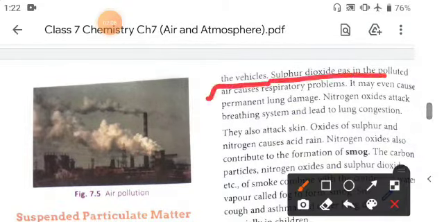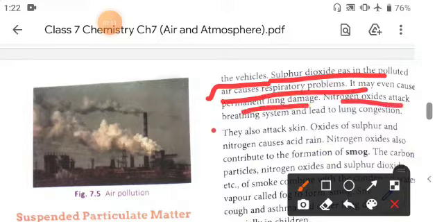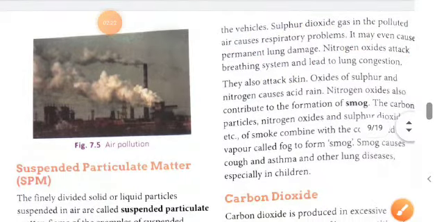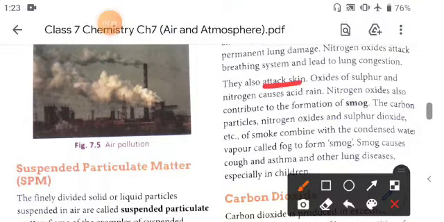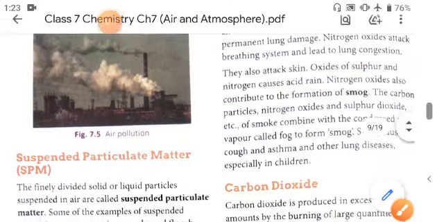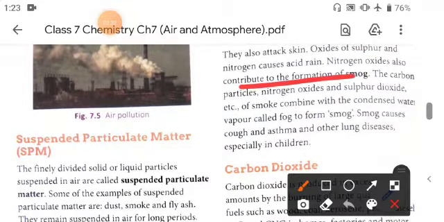If sulfur dioxide is there, it can cause respiratory problems and lung damage, and nitrogen oxide attacks the breathing system and leads to lung congestion. They also attack the skin. Oxides of sulfur and nitrogen cause acid rain. Nitrogen oxides also contribute to the formation of smog.